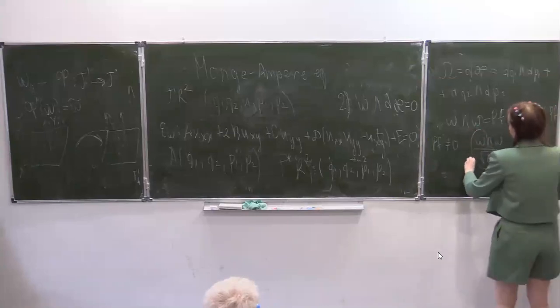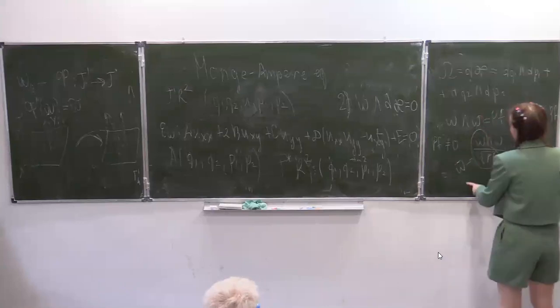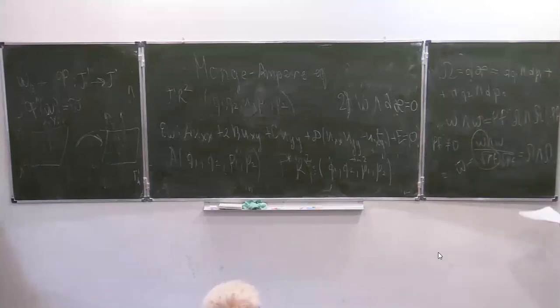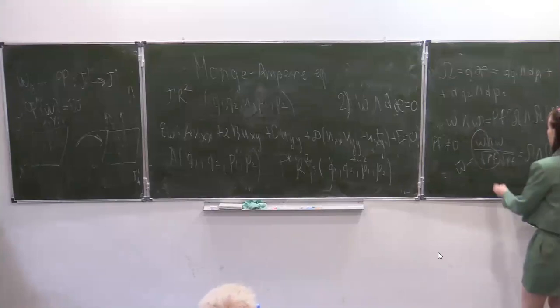This omega is named the normalized model.